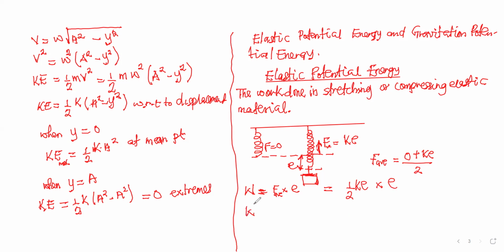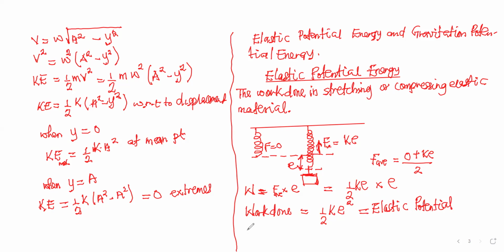Therefore, the work done in stretching this by the load is given by half Ke squared. This work done in stretching the spring is what we refer to as the elastic potential energy, the elastic potential energy of the spring.